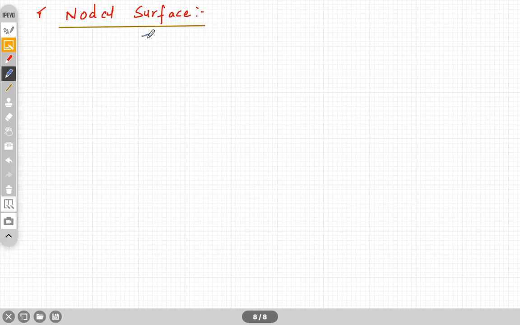Write down, of nodal surface we have, the first one is spherical node.